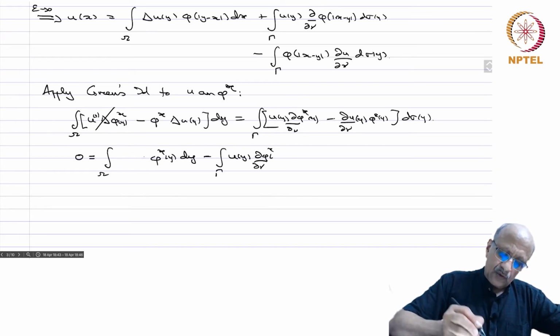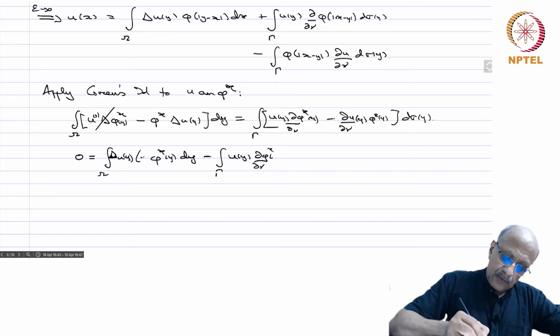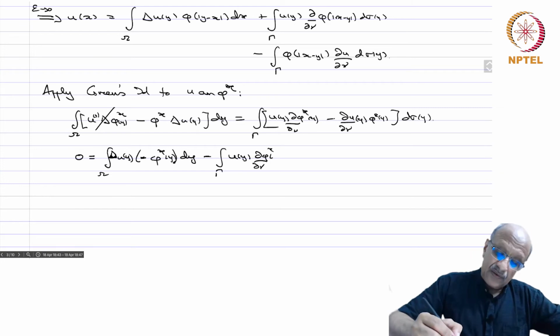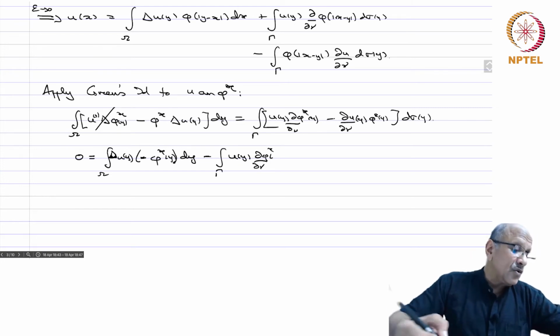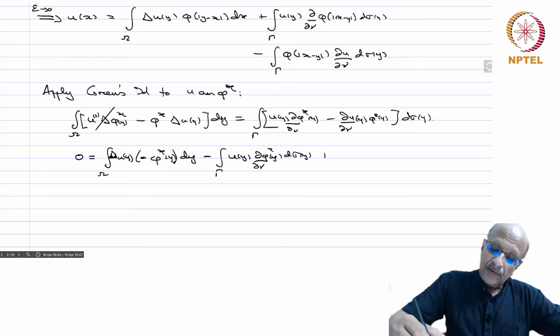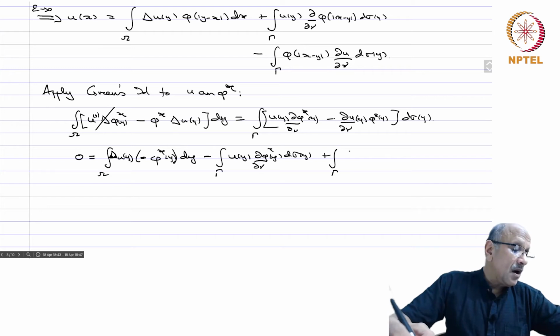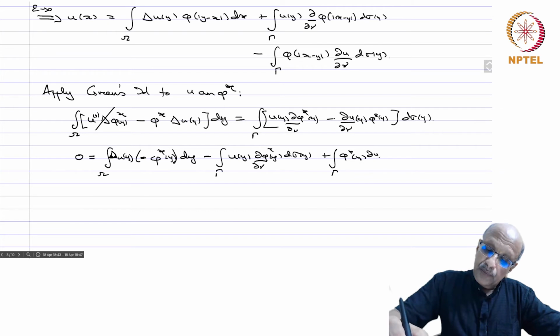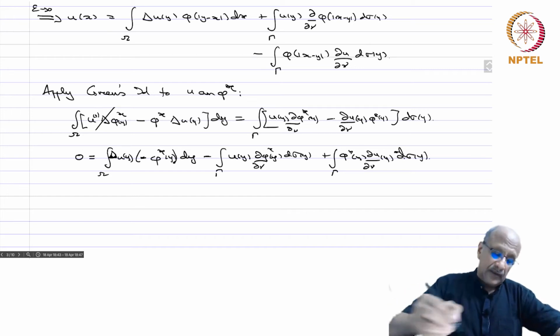I am bringing everything to the left hand side. So, delta u(y) into minus phi^x(y), and then minus u(y) d phi^x/d nu at y d sigma_y plus the integral on Gamma of phi^x(y) du/d nu(y) d sigma_y.